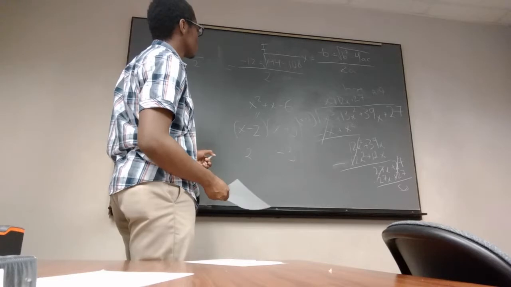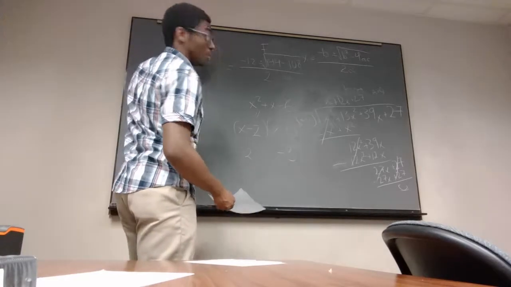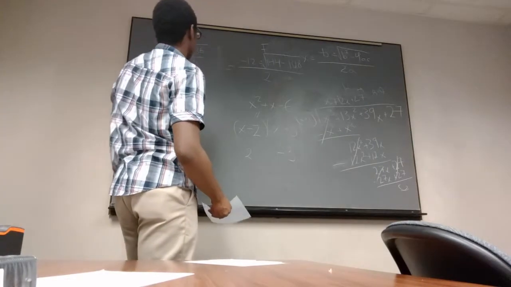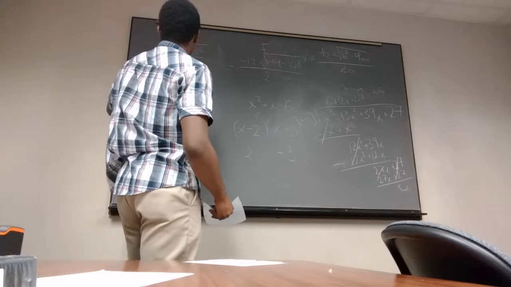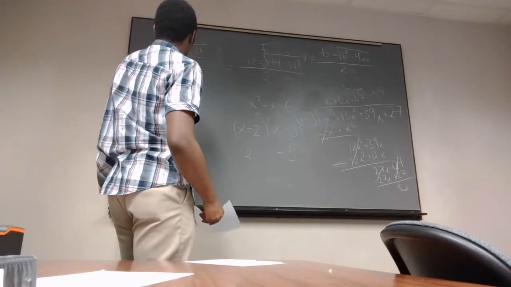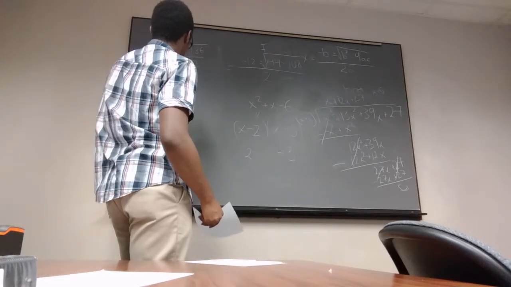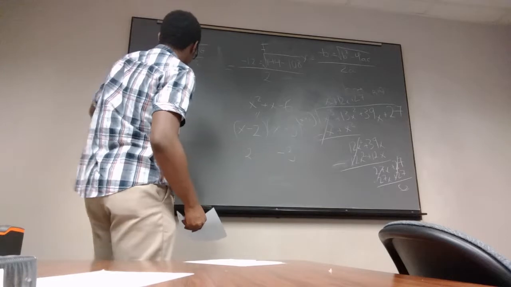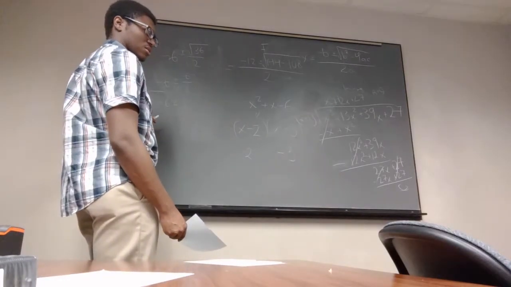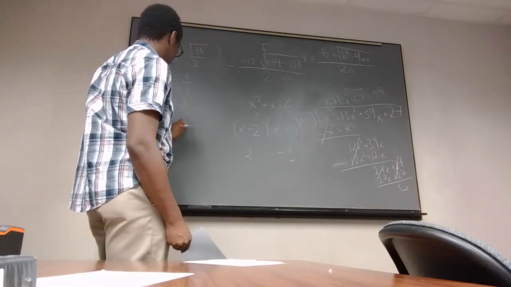It should be like 36. So the square root of 36 is 6. Negative 6 plus or minus 6 over 2, so negative 6 plus or minus 3. Okay, so what is this? Negative 6 plus or minus 3 is negative 9, and negative 3.